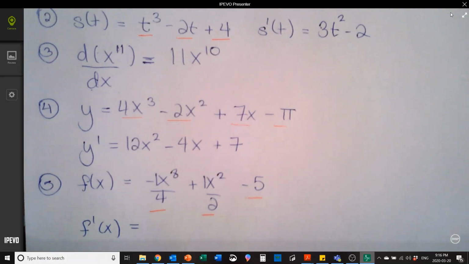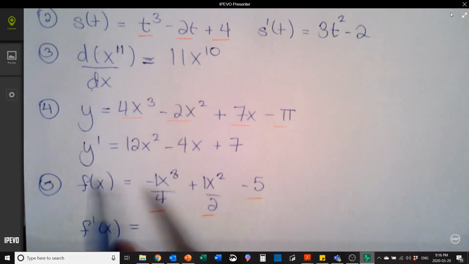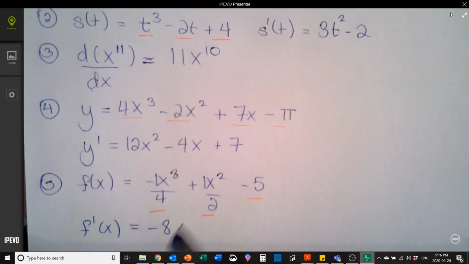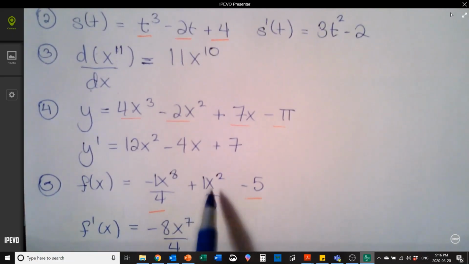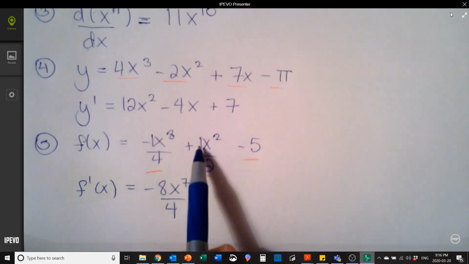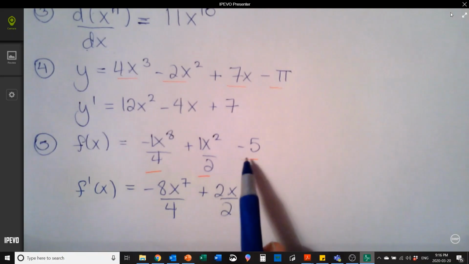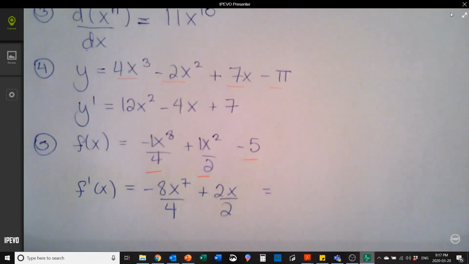We have just a variable on the numerator. It's still a polynomial. So if I apply the power rule to each term, I'm going to get negative 8x to the 7 over 4 plus, the 2 will come down in front, multiply with the 1, and make 2x over 2, and the constant will be 0. Okay. So you do want to try to simplify these.